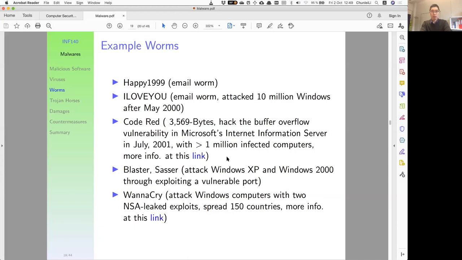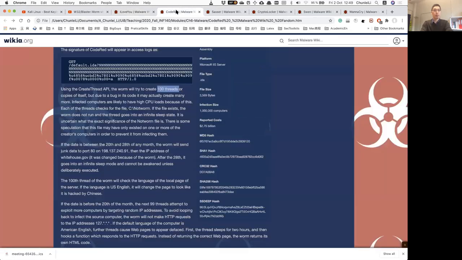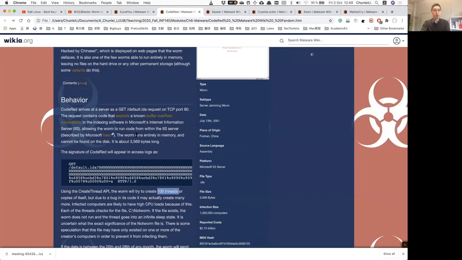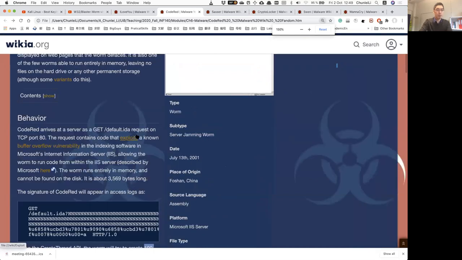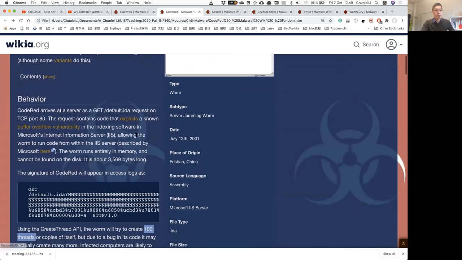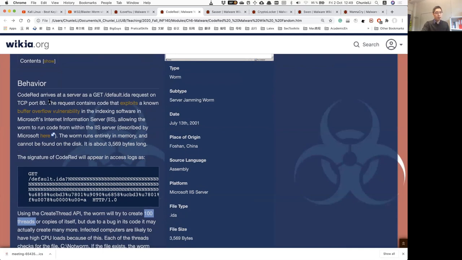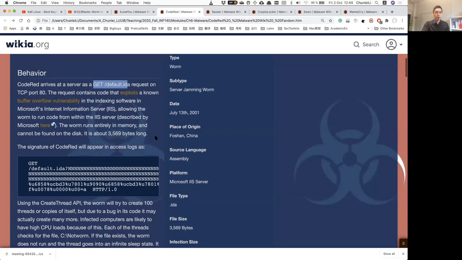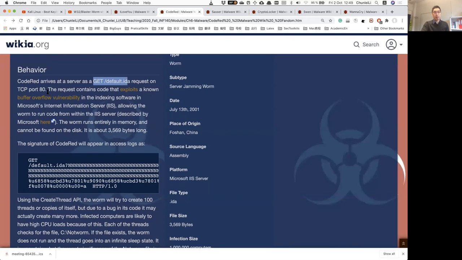Let's look at its behavior. In general, the behavior is okay. This worm arrives at a server, and it has this GET code inside. That's quite normal for an HTTP request. At that time, most servers still used normal HTTP with TCP port number 80.